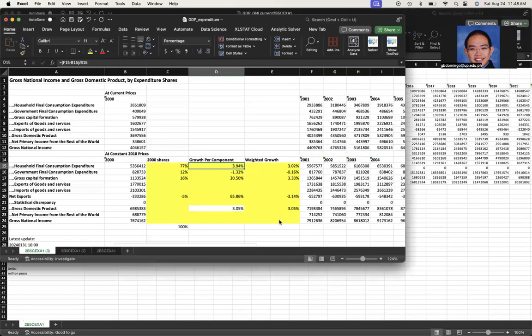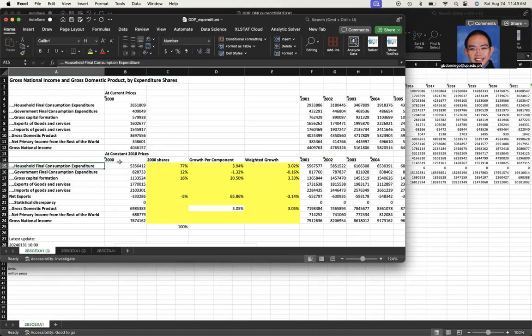Okay. Here. This is just GDP that I have downloaded from the Philippine Statistics Authority, valued in 2018 prices. So this is constant or real GDP in constant 2018 prices.